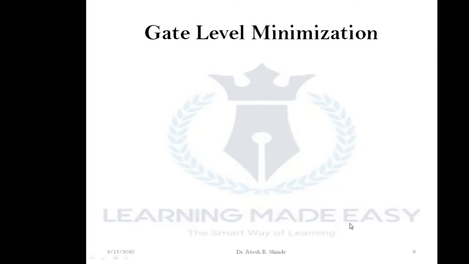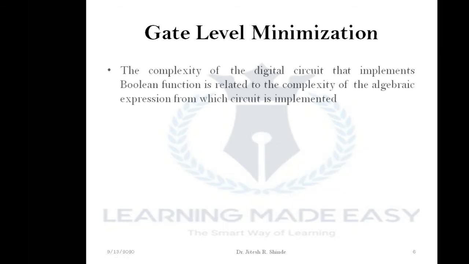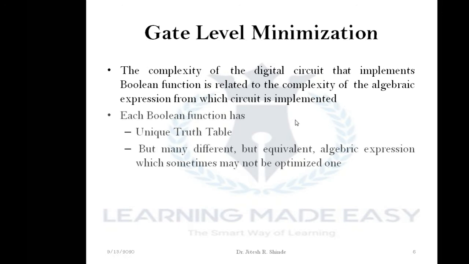The complexity of the digital circuit that implements a Boolean function is related to the complexity of the algebraic expression from which the circuit is implemented. Here I want to say that each Boolean function has a unique truth table but many different but equivalent algebraic expressions, which sometimes may not be optimized ones.